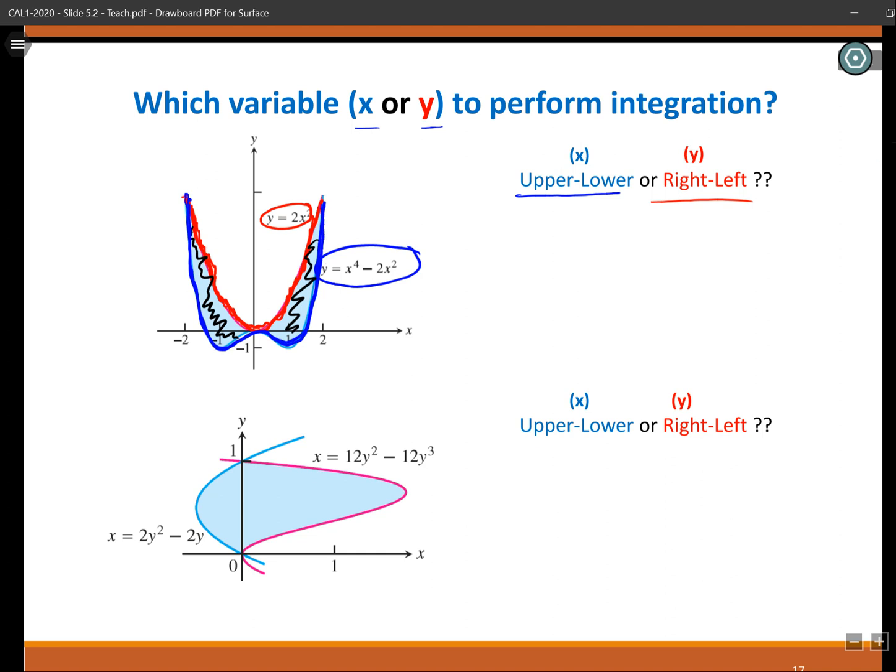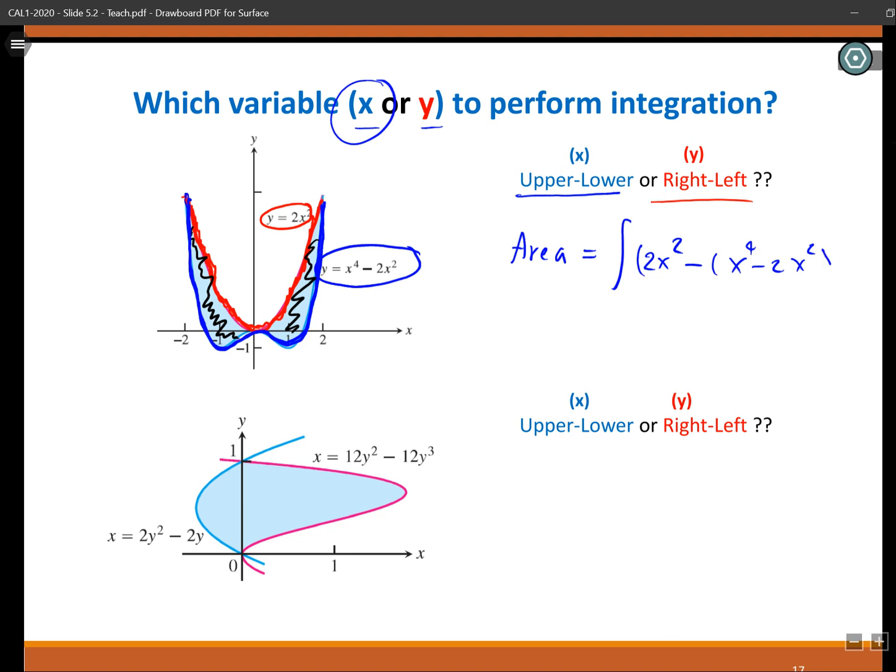So I see upper curve and lower curve, so I decide right away I need to work on X variable. Okay, so in this case, it's going to be better if you work with the X variable. In this case, it's going to be integration of the upper curve, which is 2x squared, minus the lower curve, that is x fourth minus 2x squared.